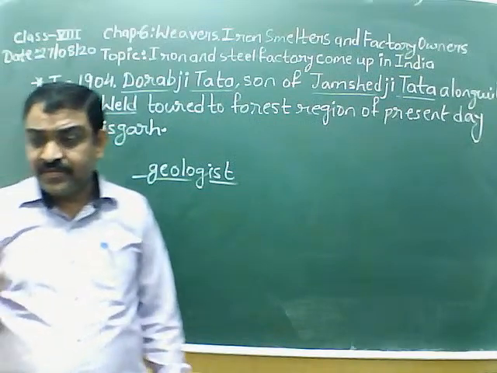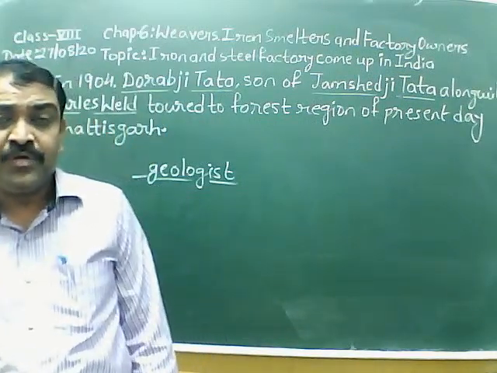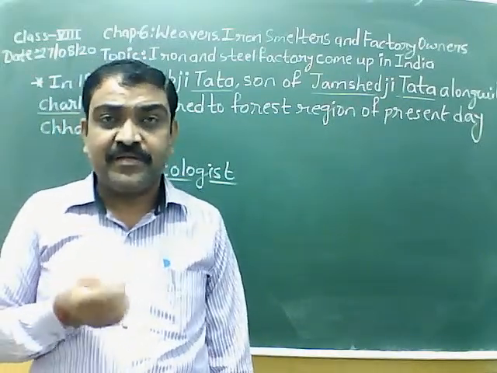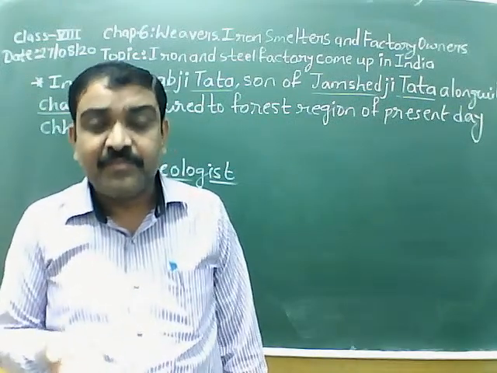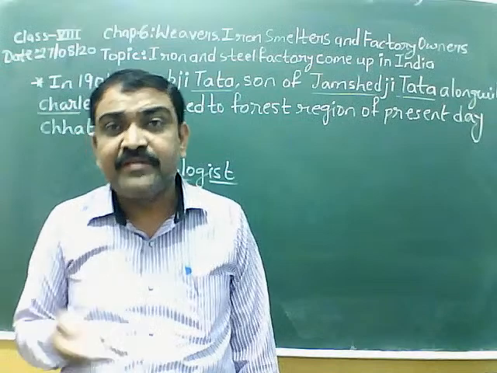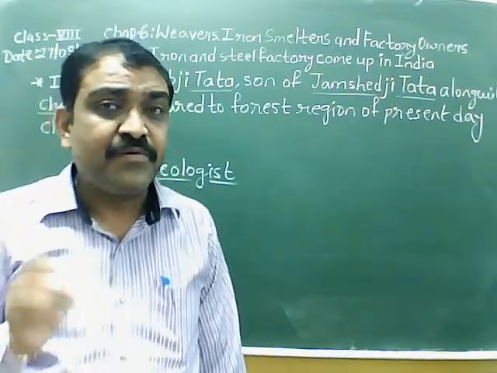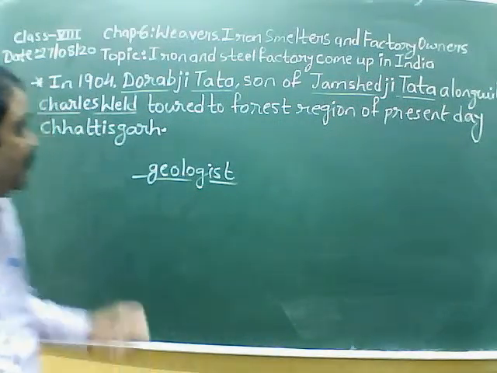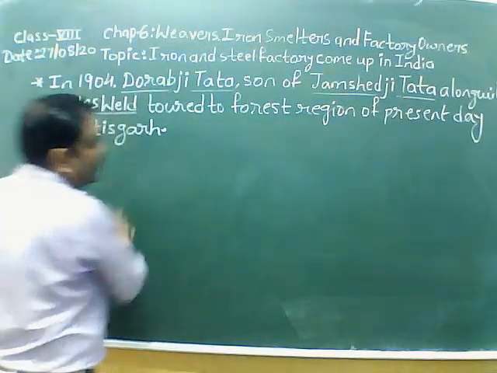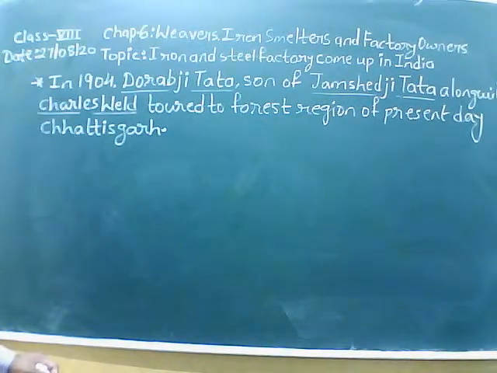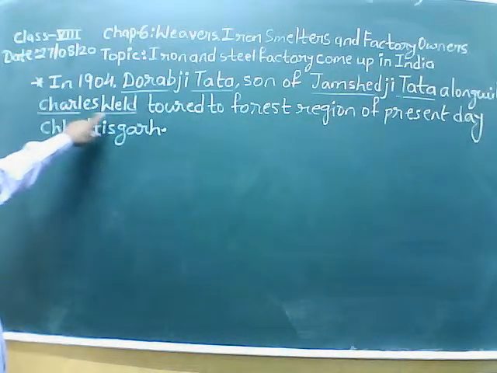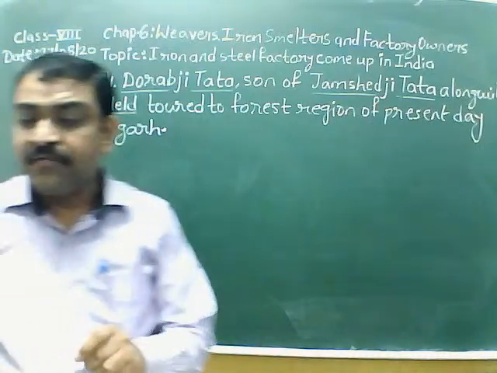Any scientist or person who is an expert in matters related to earthen material. ठीक है, पृथ्वी में कौन से मटेरियल हैं, कौन कौन से मिनरल्स हैं, उन सभी का जो एक्सपर्ट है, that person is a geologist. So Mr. Dorabji Tata toured the villages or the region in present day state of Chhattisgarh along with the geologist. The name of the geologist was Charles Webb.